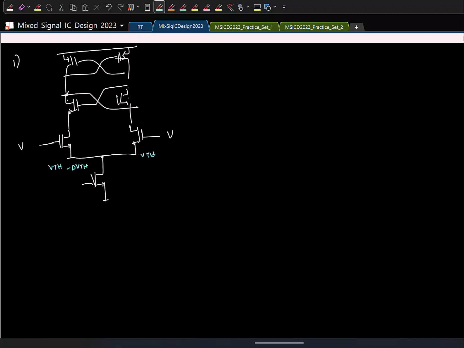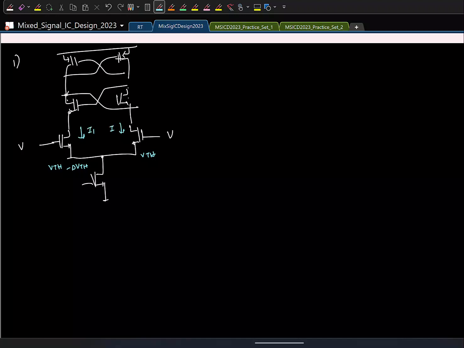If I apply the same input, what can you say about the two currents? I1 will be greater than I2, and that will obviously result in a difference in these two voltages, and the difference will get regenerated, and the output will reach VDD or ground, whatever, right? So what can happen is, even when the input is 0, you can have the output be VDD, and your characteristics will look like this.